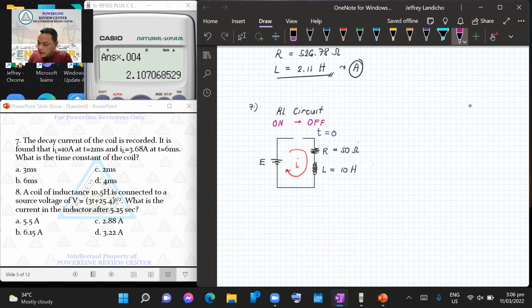So initially, yung ating switch, it is closed for a certain period of time. Then at time equal to 0, so i-open naman natin siya. So tawag natin dyan, that is decay transient. From on position to off position, so we are dealing with decay.